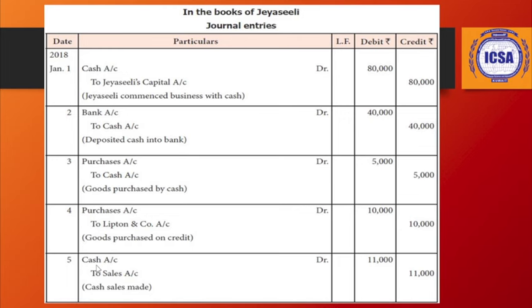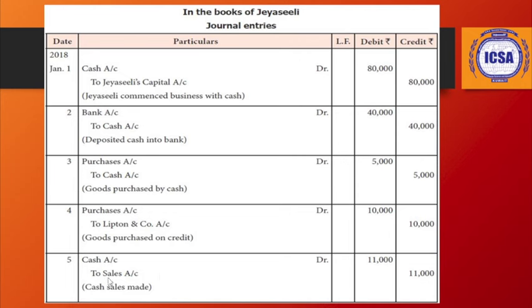Then there comes another entry, cash sales made. Just like purchases, it was a cash transaction, the same here it is a cash transaction, but that was purchases, this is sales. When the business is selling something to the customers, that becomes an income for the business.